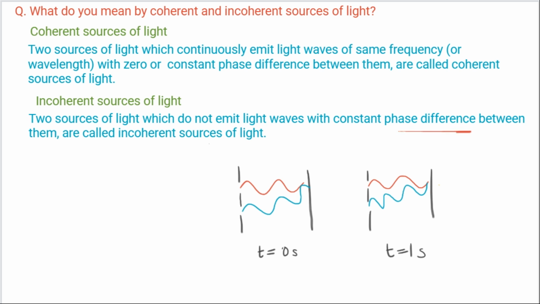So in such cases where your phase differences are not constant, such cases are known as incoherent sources of light. And in such cases, what happens on the screen? On the screen, you won't receive any interference pattern.